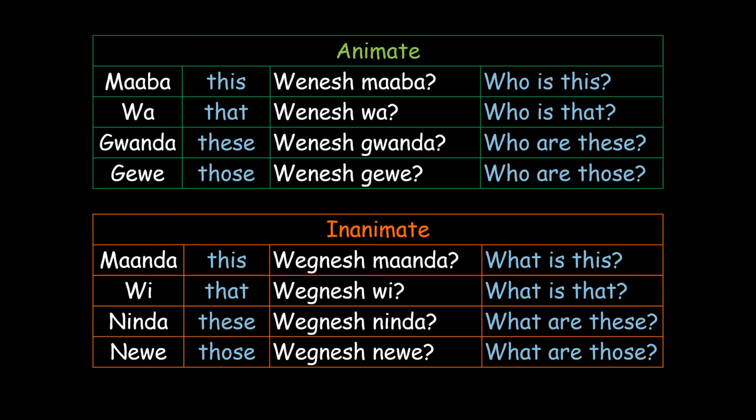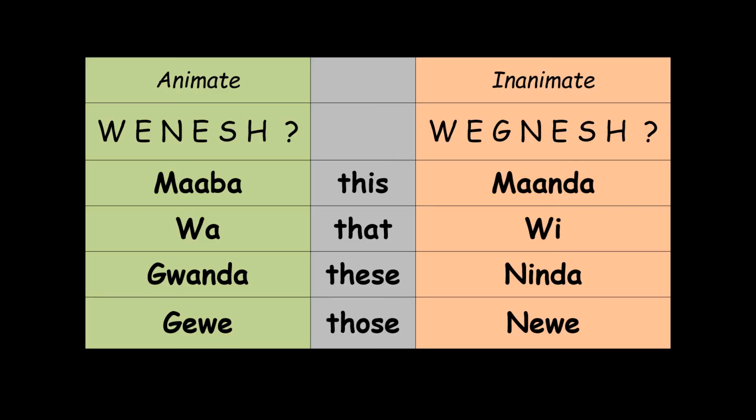And reading down just the first columns of both, maba, wa, gunda, gewe. Manda, we. Ninda, newe. Maba, manda, wa, we. Gunda, ninda, gewe, newe.